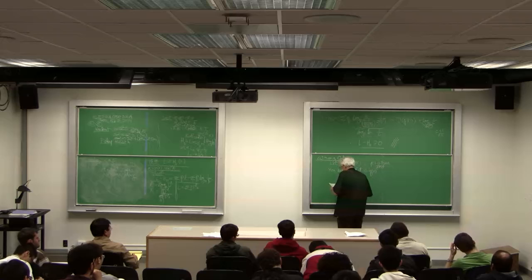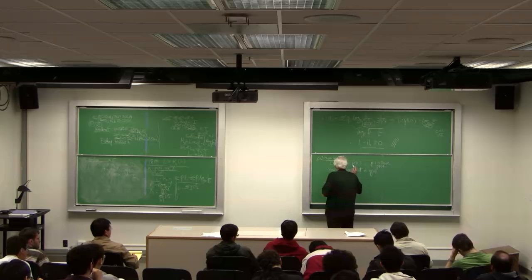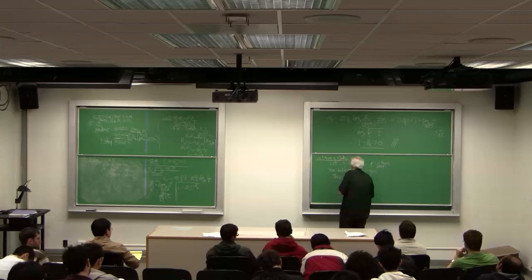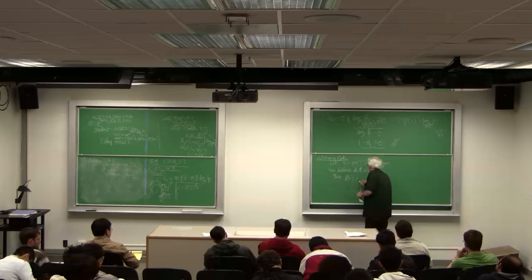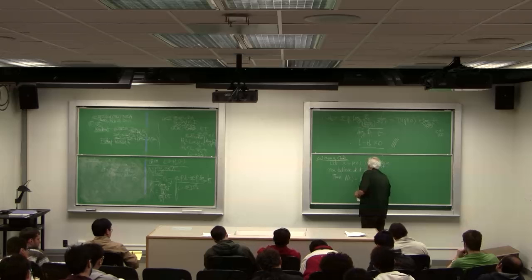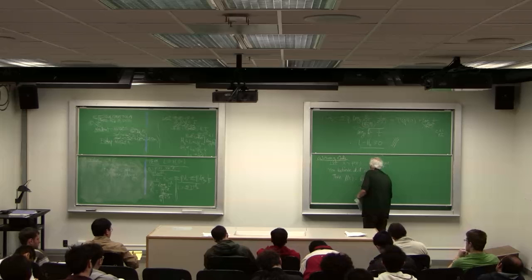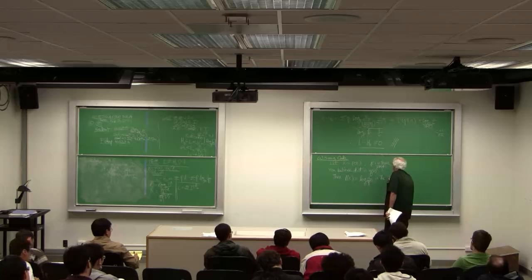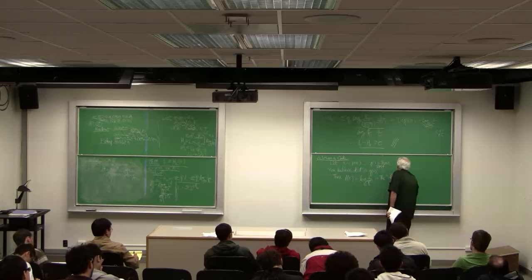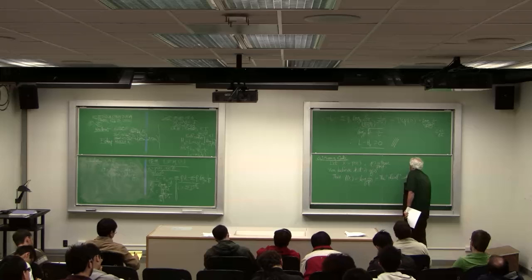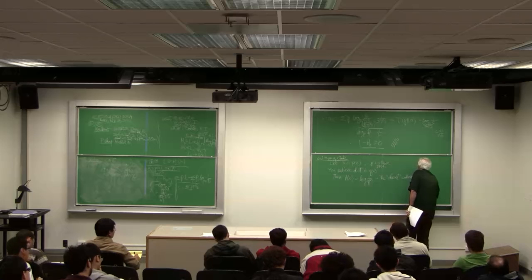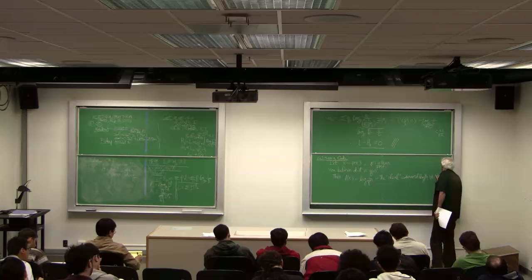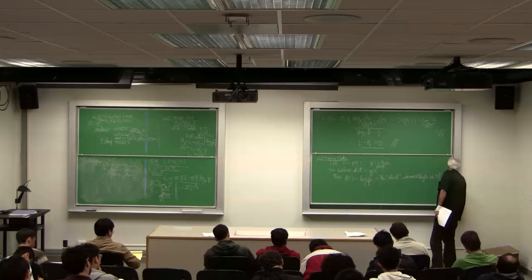So then l of x is equal to log 1 over q of x, the ideal code word length with respect to q.